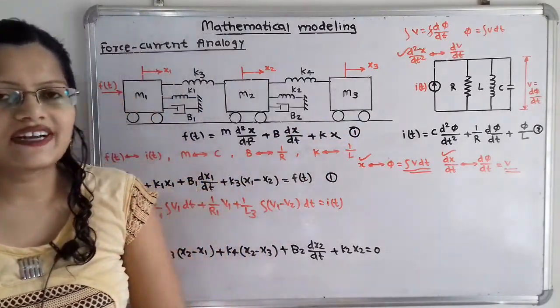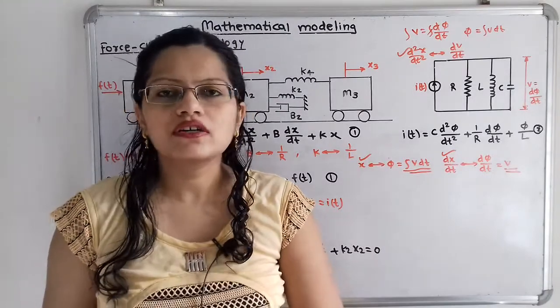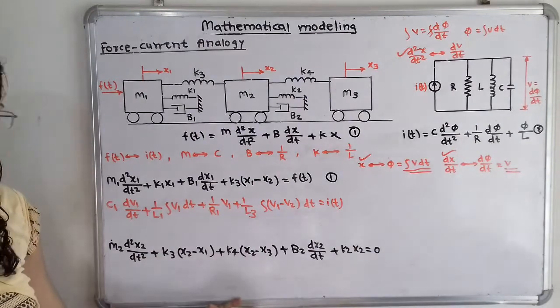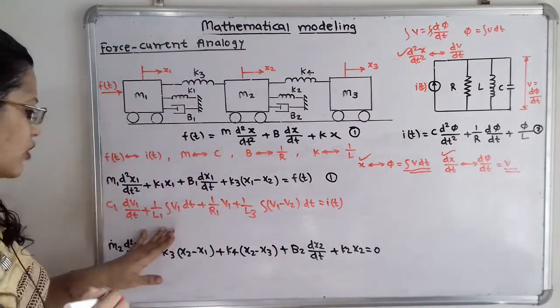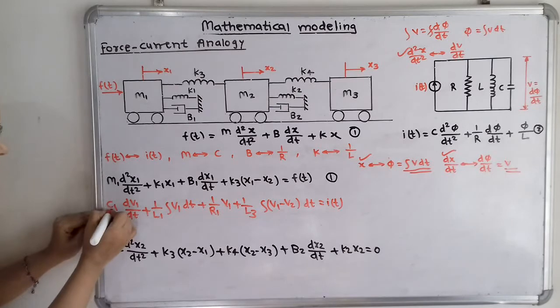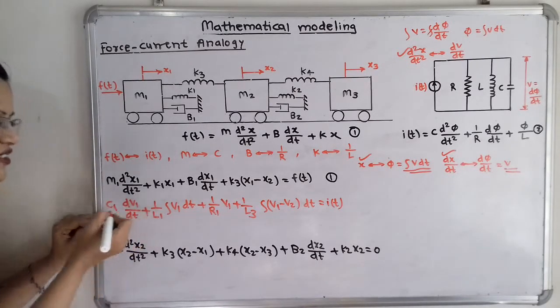Now we will try to draw the analogous circuit. So we have to draw the three analogous circuits regarding these three differential equations, and then we have to combine. So first I will try to draw here. If we observe this C1, that is capacitor C1 is along with voltage V1.